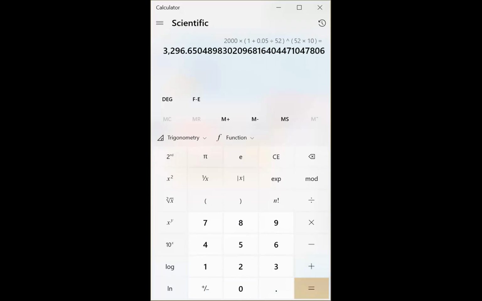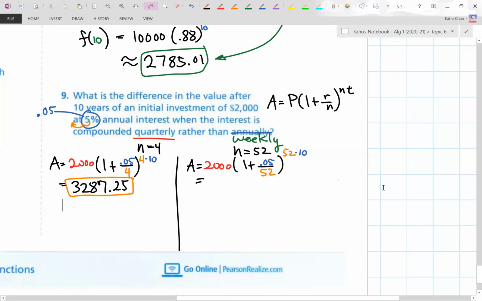Well, a few more dollars. Disappointing. $9 more maybe? Let's write this down. $3,296.65. Okay, not much. Yay, thank you very much.